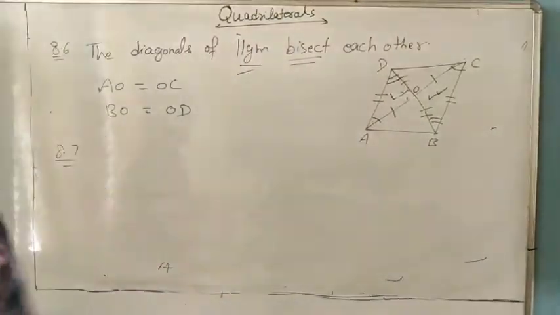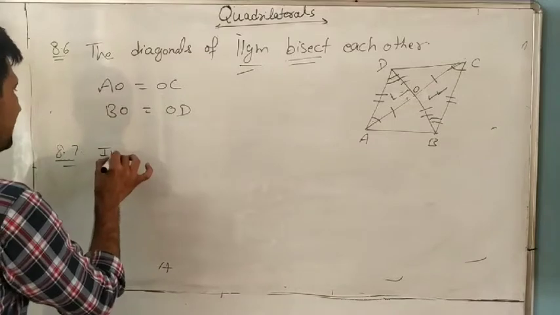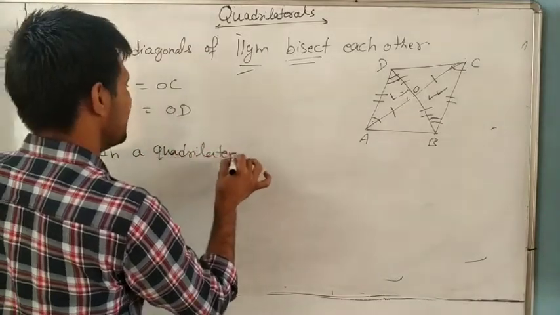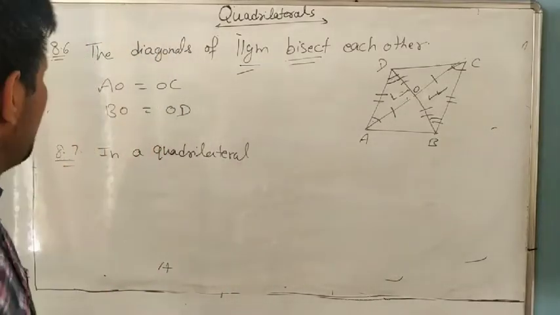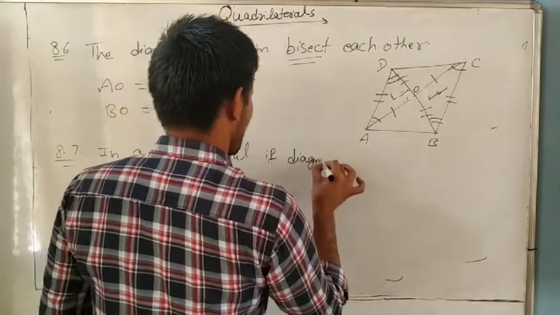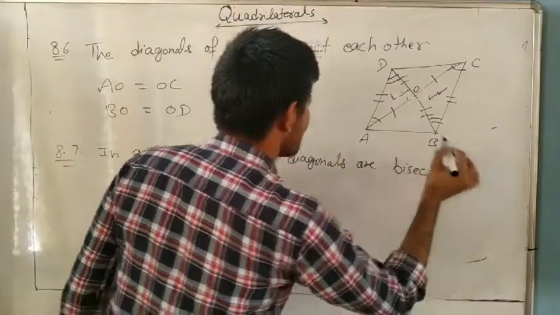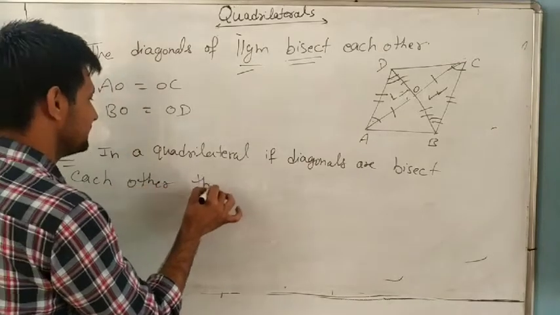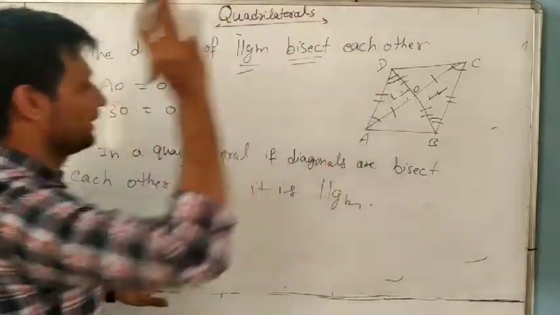Now 8.7 is the opposite of this one. What is it? In any quadrilateral, if the diagonals bisect each other, then it is a parallelogram.